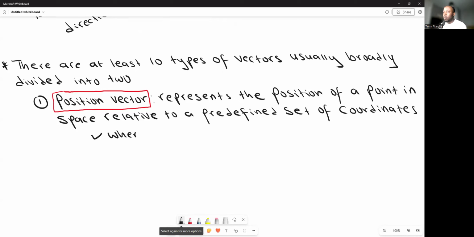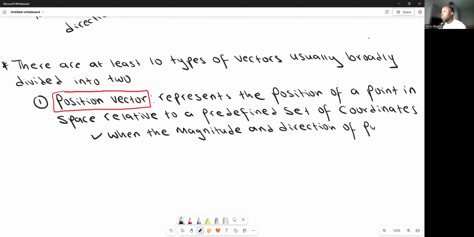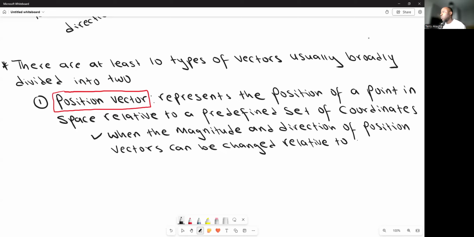So when the magnitude and direction of position vector can be changed relative to other bodies, it is called location vector.